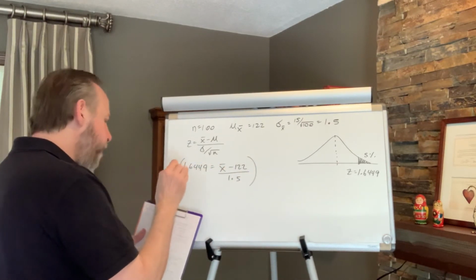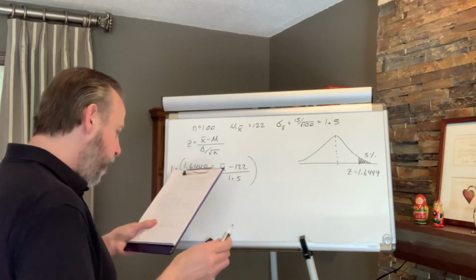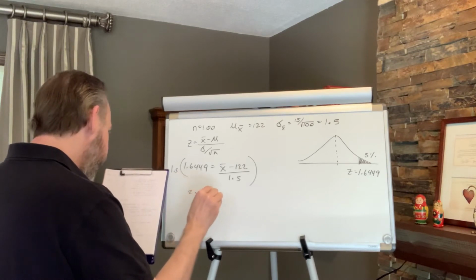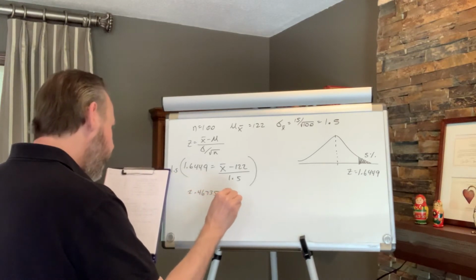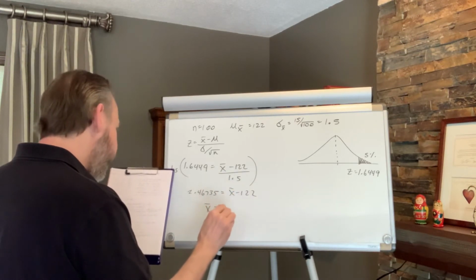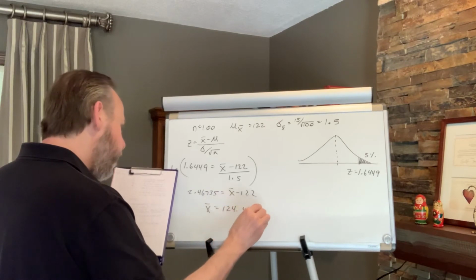Multiply by 1.5. And now I get a value of 2.46735 equals x bar minus 122. Add 122 to both sides. You get 124.46735.